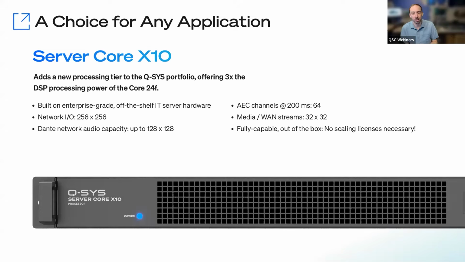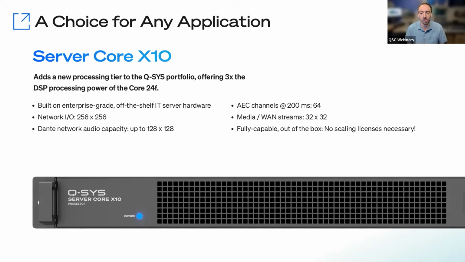So this is a whole bunch of AEC for maybe a large convention space, or a small convention space even, that needs to be able to dial in and dial out. Maybe you have a large panel that you need to handle, as well as media and WAN streams. So these get bundled together because these are streams that are unclocked.